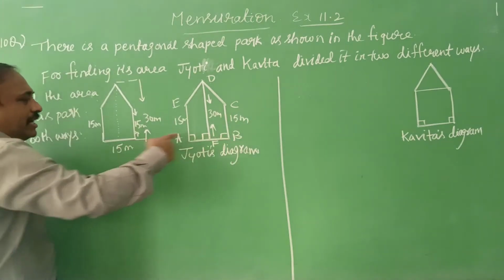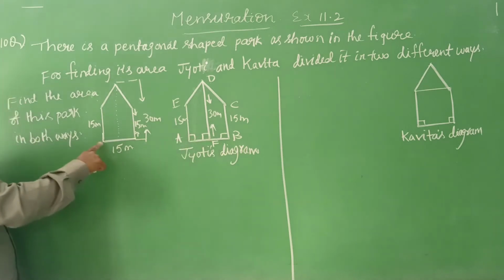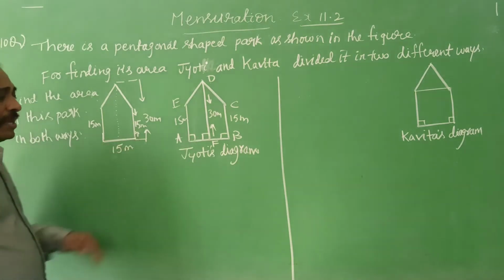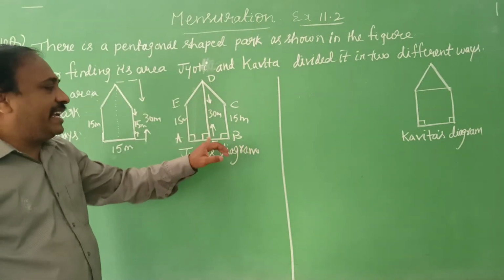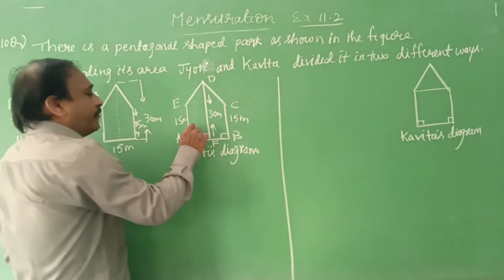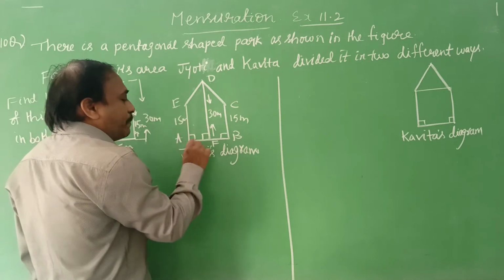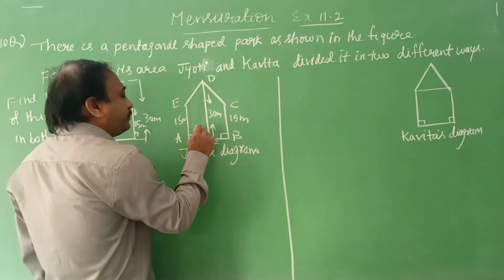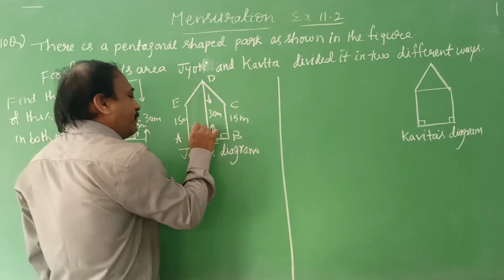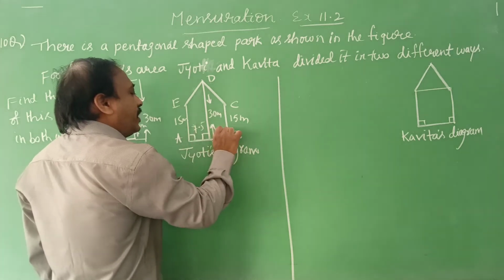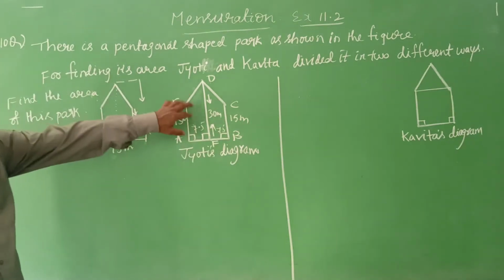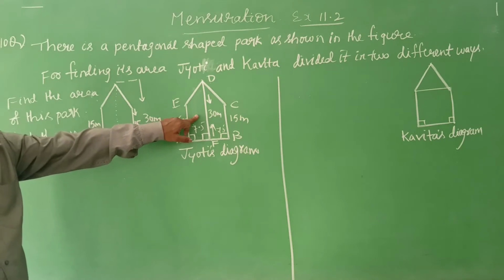What about this altitude A to F? AF is totally 15. Dividing into two equal parts, 15 by 2 is 7.5. So this part from here to here is 7.5 and this side also 7.5. Now you see what shape you are getting here? Yes, trapezium.